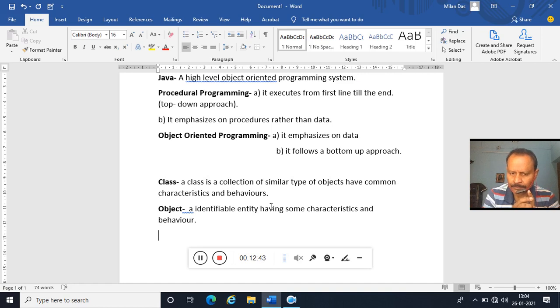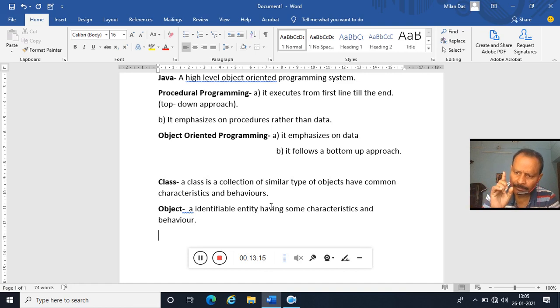That means you were interested in that particular pen's characteristics and behavior. All the pens you saw in the store belong to the class pen, but you chose a particular one. For you, that particular one is an object. The rest, you are not interested in.